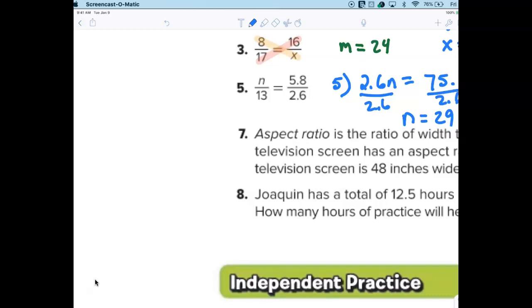Last time. You're always multiplying diagonally. And I always tell kids, use the variable first. So 2.6 times n is 2.6n. Does that make sense so far? Then you multiply the other one. 5.8 times 13. So what is that?